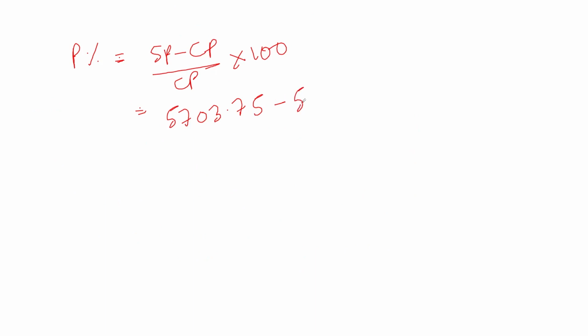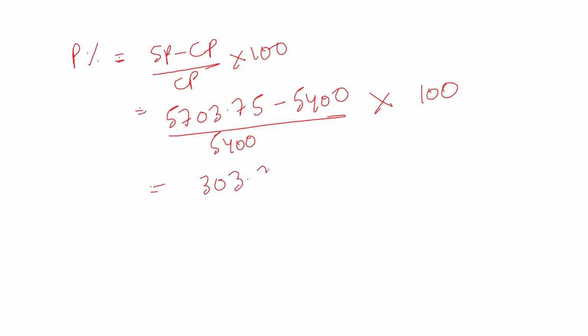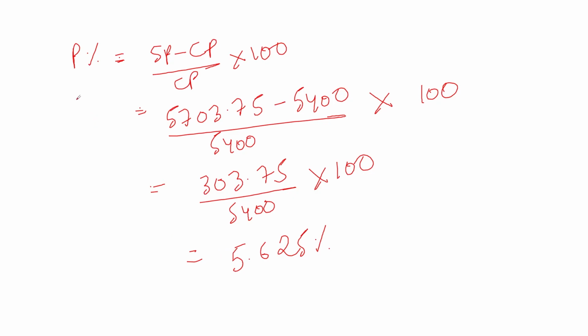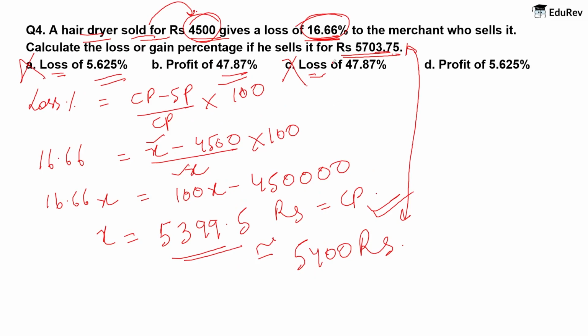Minus 5400 upon 5400 into 100. So when you solve the numerator, you get 303.75 rupees upon 5400 rupees into 100. So when you solve this using your calculator, you get 5.625. So this is a profit of 5.625%. So option D is the correct one over here.